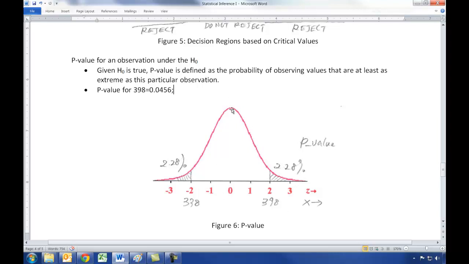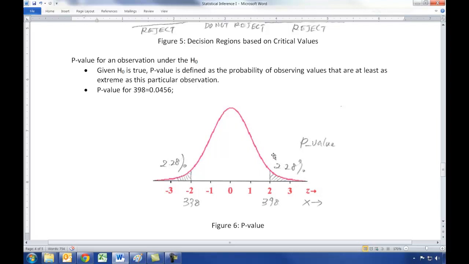But on the left side, this area is also as extreme as 398, meaning if you observe a box of cereal that weighed less than 338 grams, it is as extreme as you observe a box of cereal that weighed more than 398 grams.